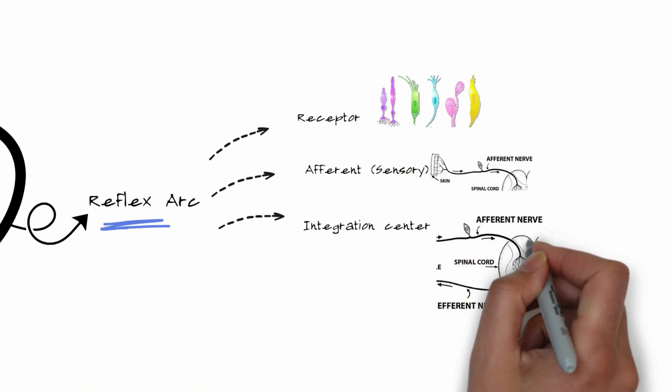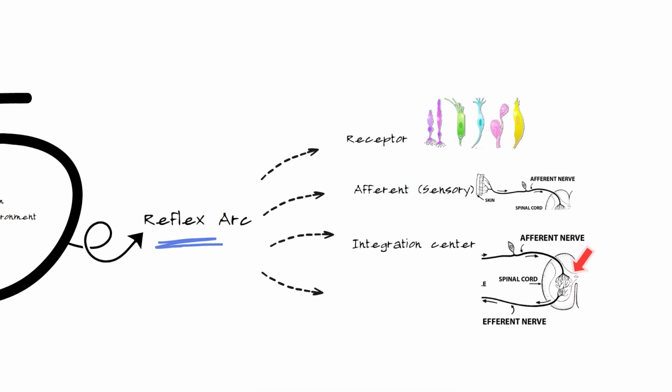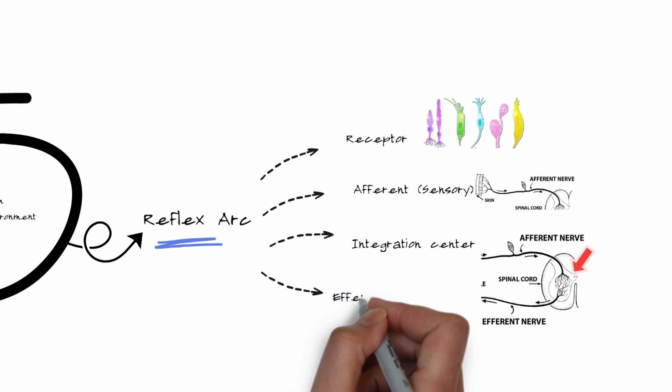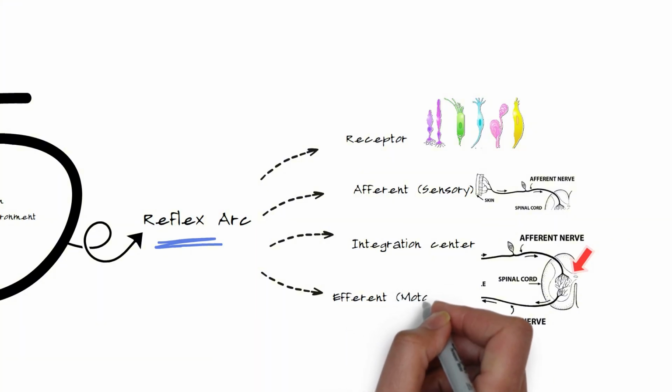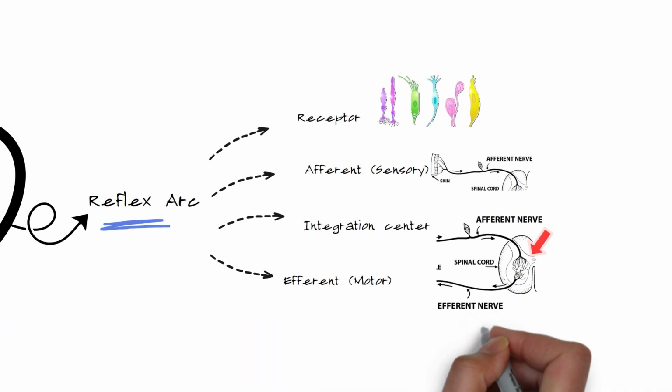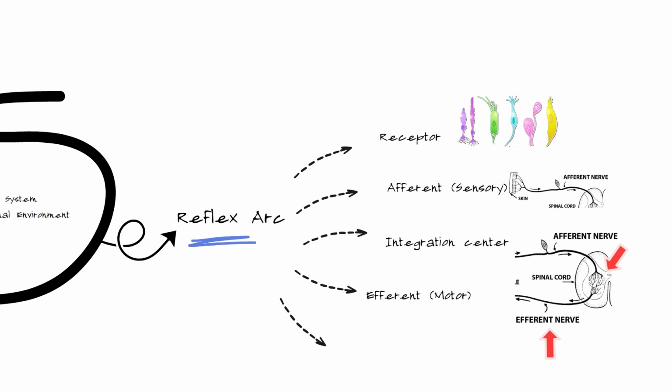Then we come to the efferent motor neuron, which carries the command or the impulse from the center to the effector or to the organ. And finally, we have the effector. This is the organ which is responsible for performing the actions.